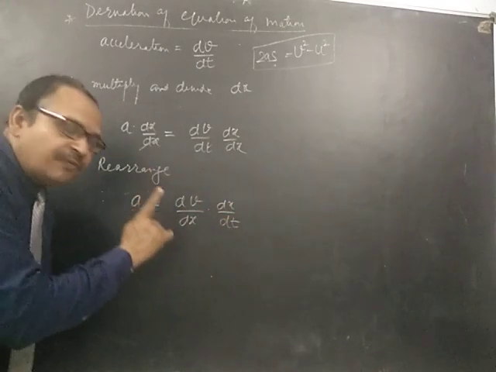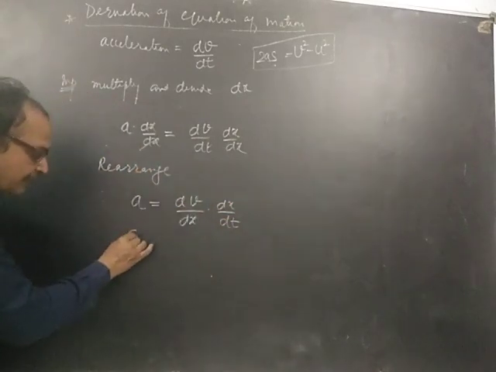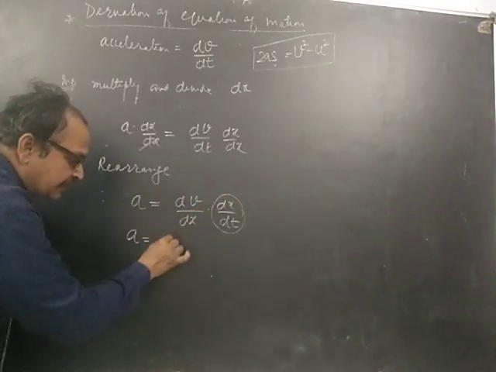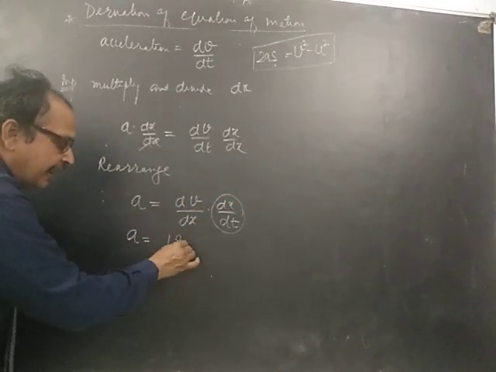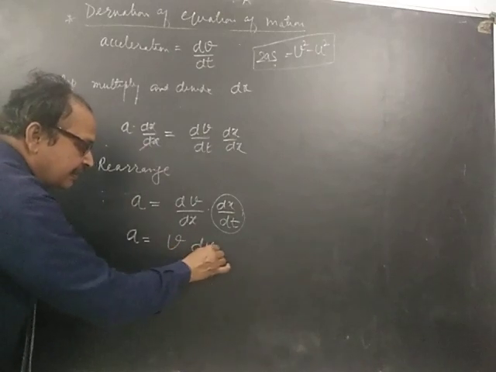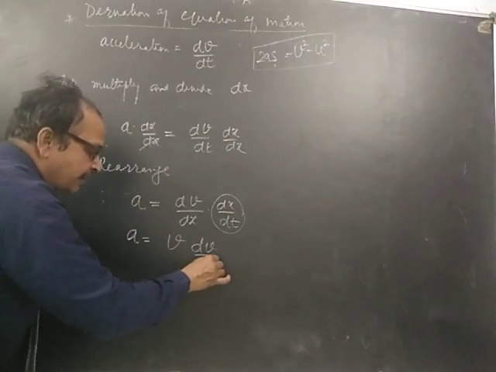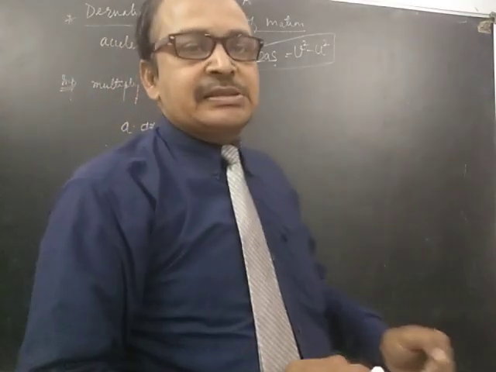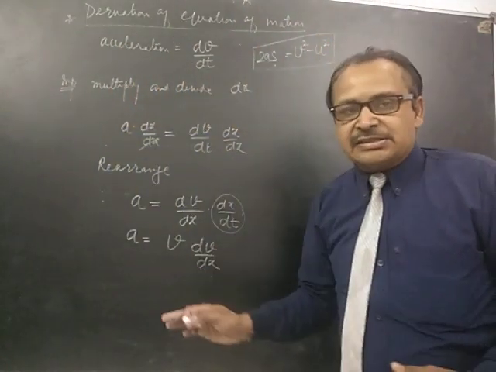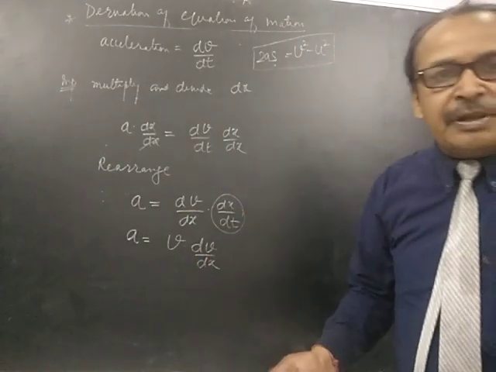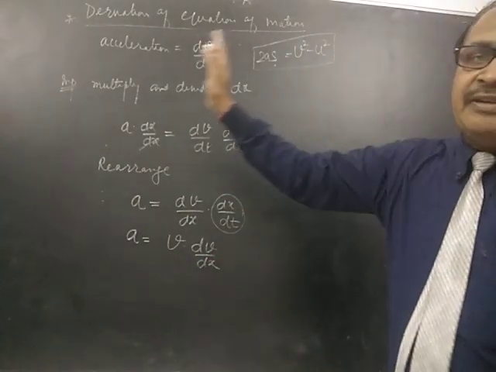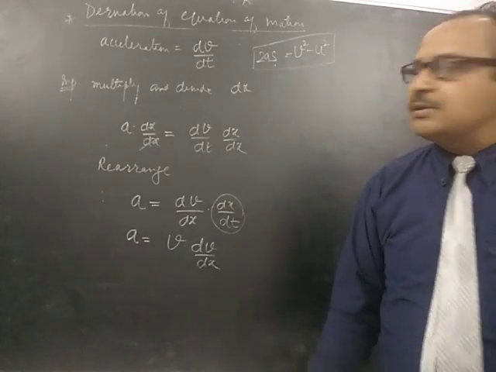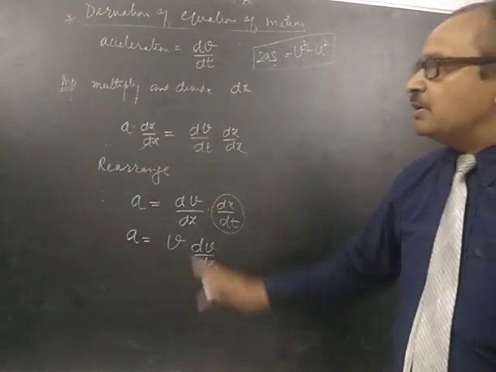So a is equal to, in this place I will write v, and I will get dv by dx. If you are able to understand this, the rest is simple mathematics as we have done in the last derivation. Hope there is no problem.